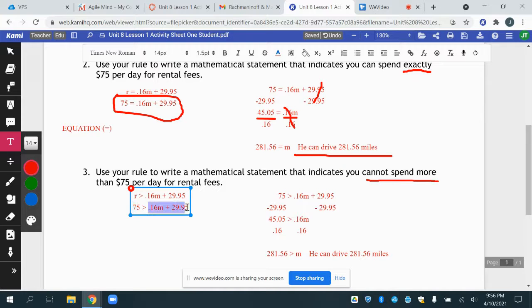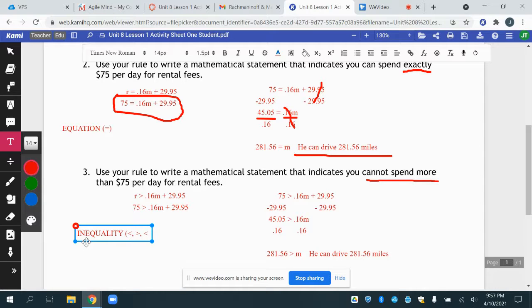So when I crunch the numbers, I want the amount to be less than $75, and I make everything say that. Instead of equal, I have it be an inequality. So inequalities have this or this.